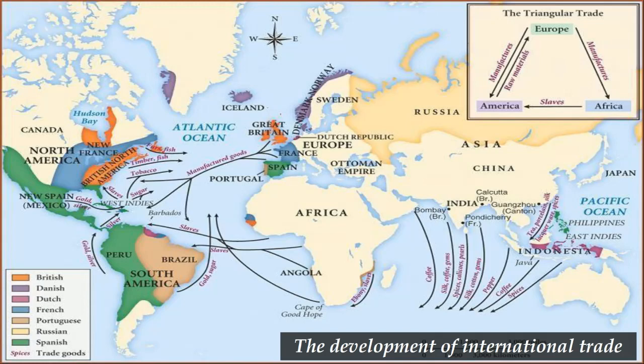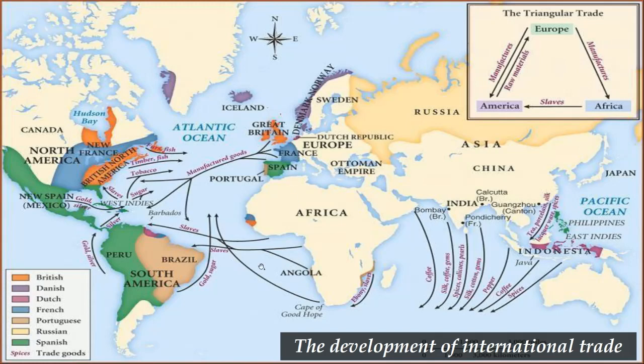The early modern age is the period of history in which the European nations built these enormous colonial empires, and there was an intense trade between the colonies and the mainland.